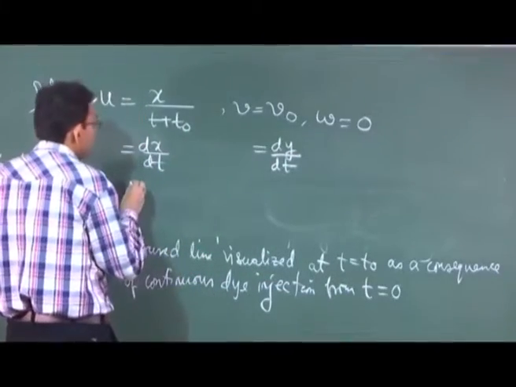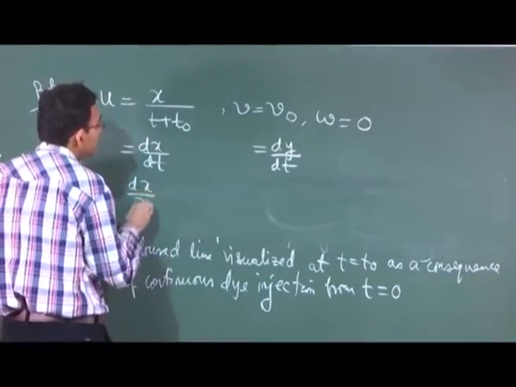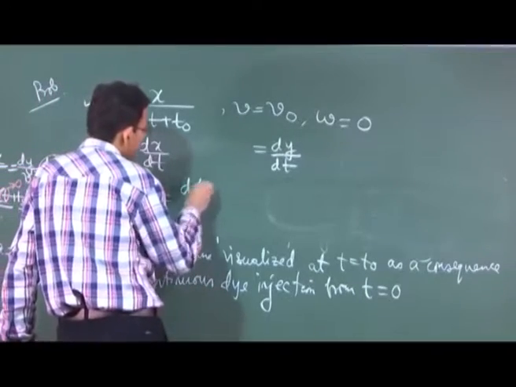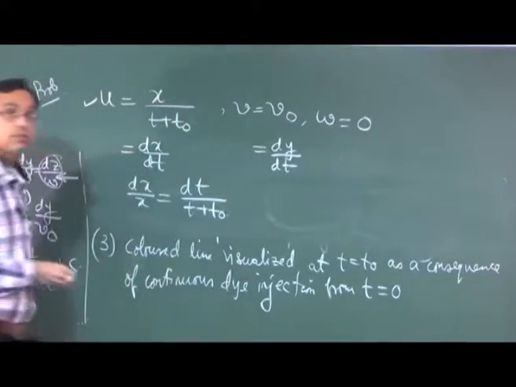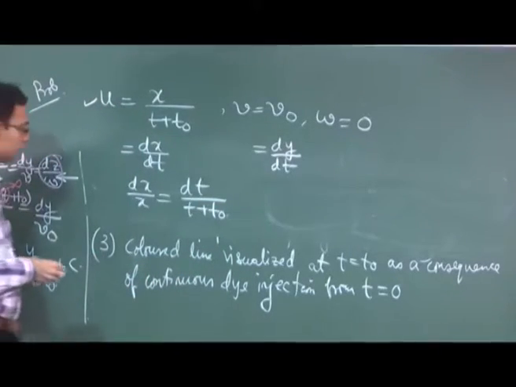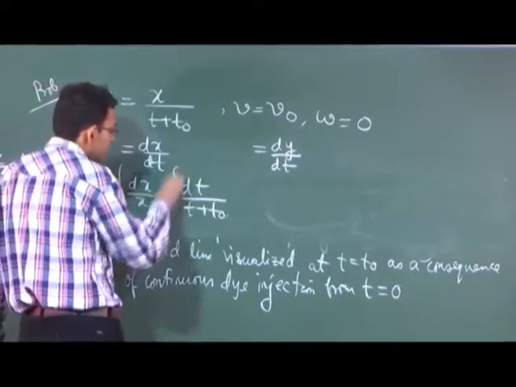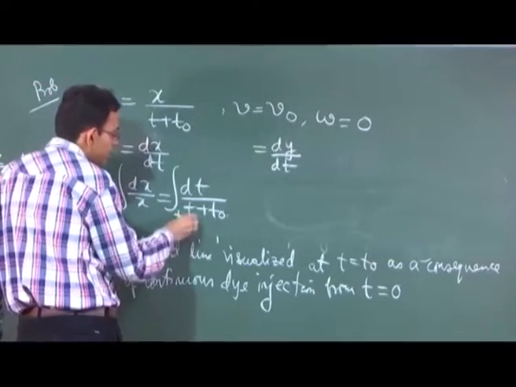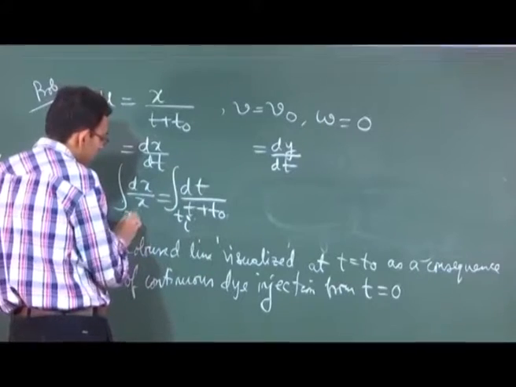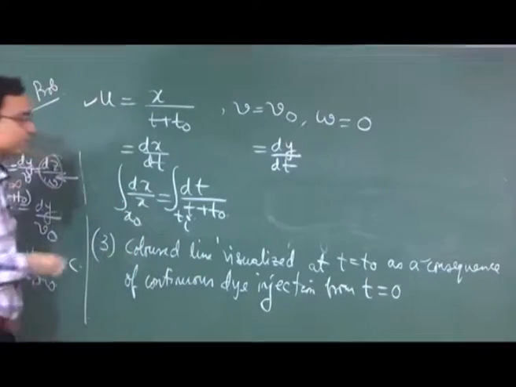So, you have dx by x is equal to dt by, so the initial time is here variable ti, but the initial position is fixed.